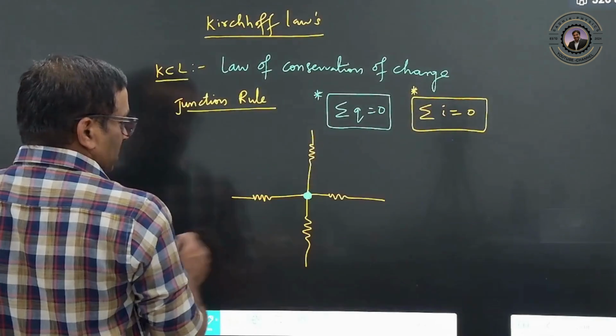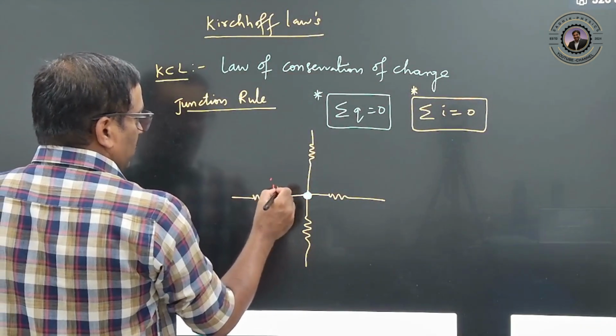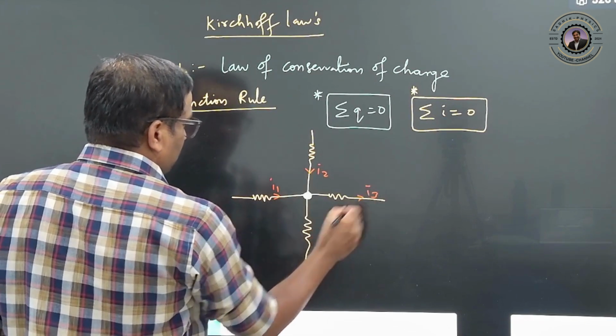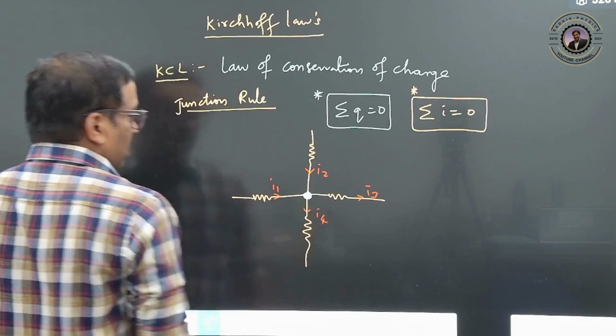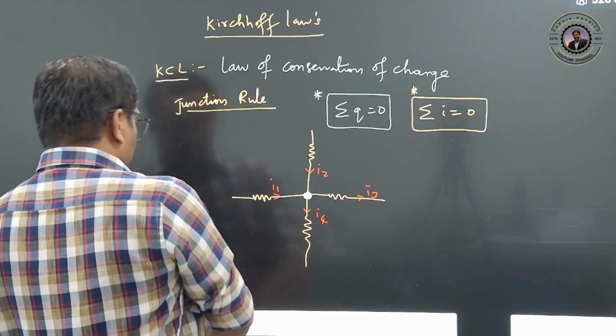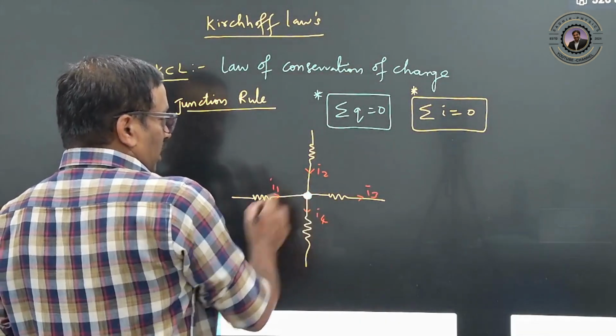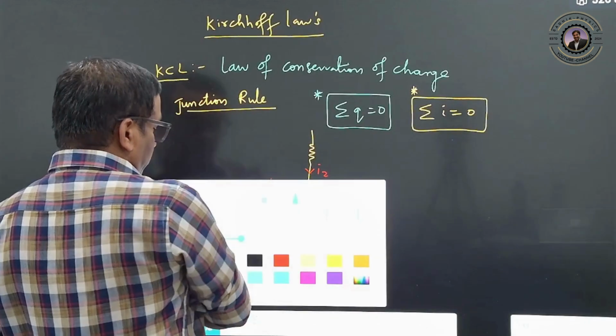Suppose some currents are entering: I1 is a current which is entering, I2 is entering, I3 is leaving, and I4 is leaving. What can we write now? The total current at the junction is always equal to 0.